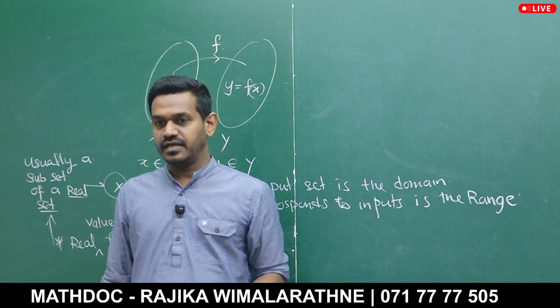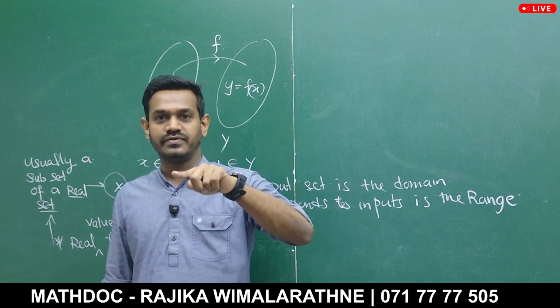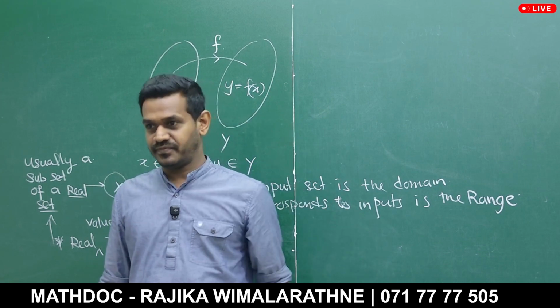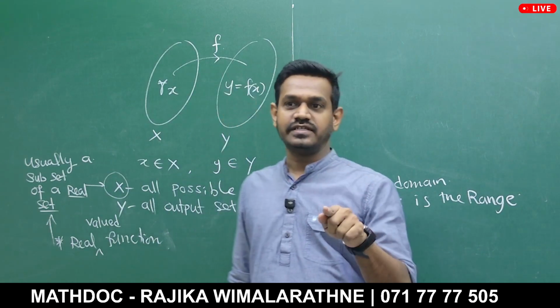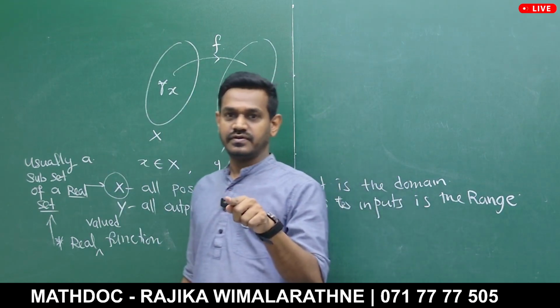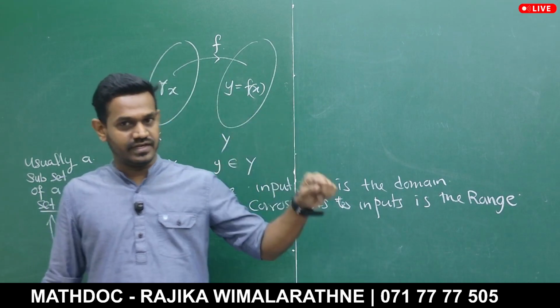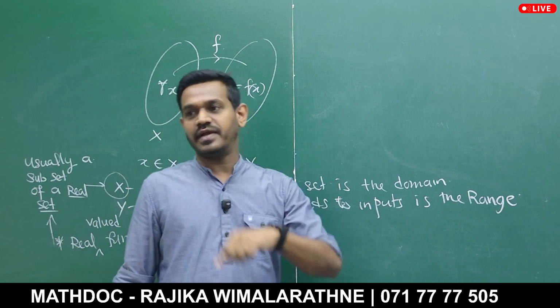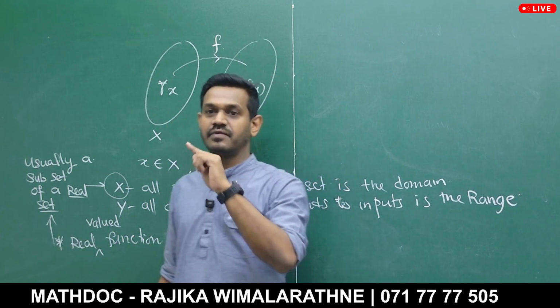Okay. If that is not given, you must have ability to obtain what is domain. Okay, we clear that idea. If anybody gives function, he must give domain. If it is not given, you must have ability to find domain with some conditions.